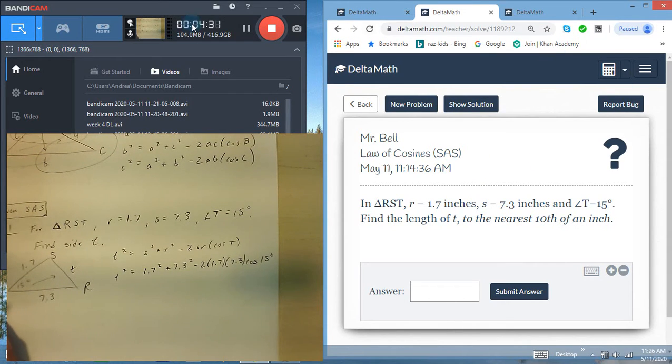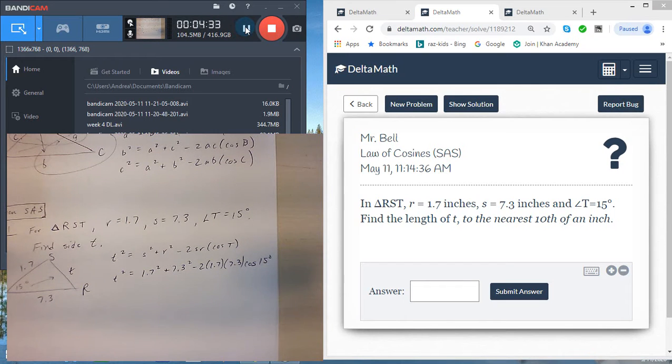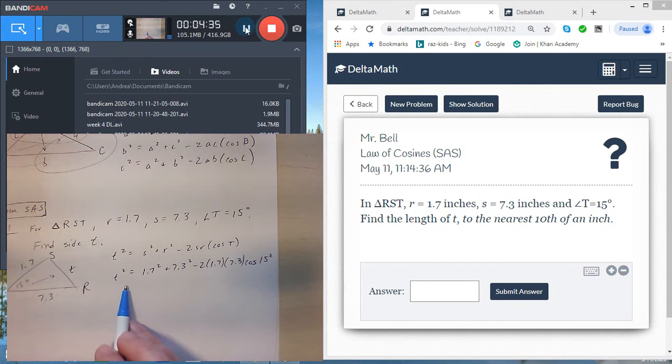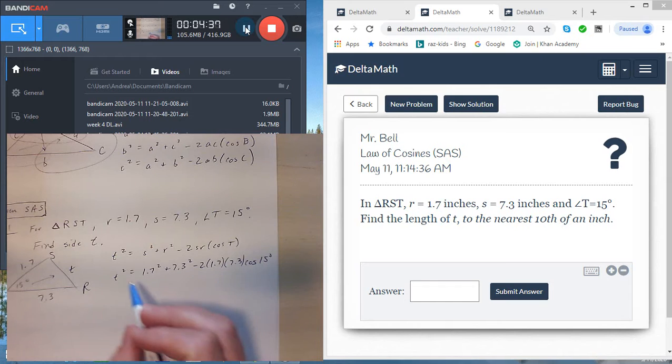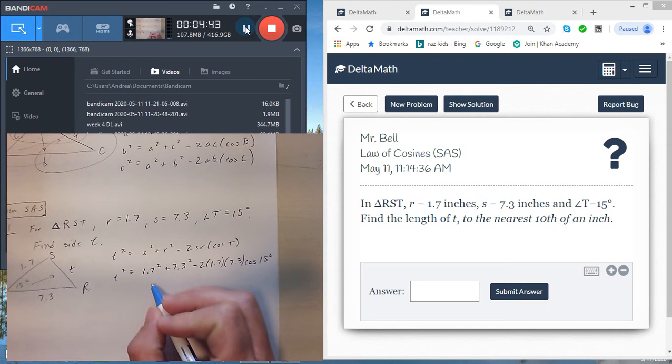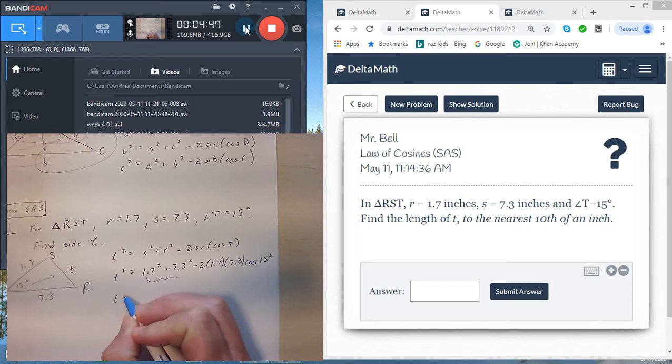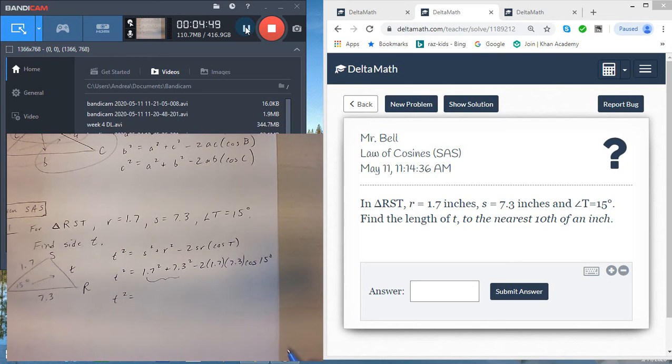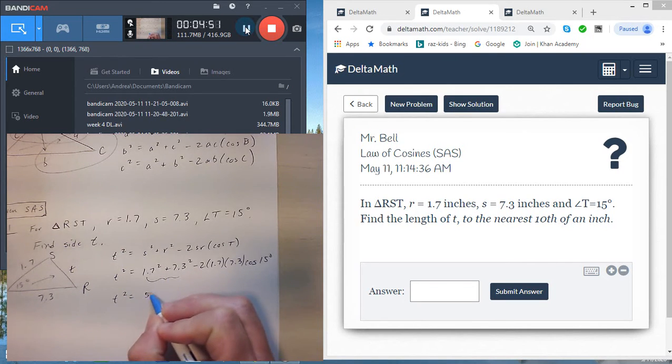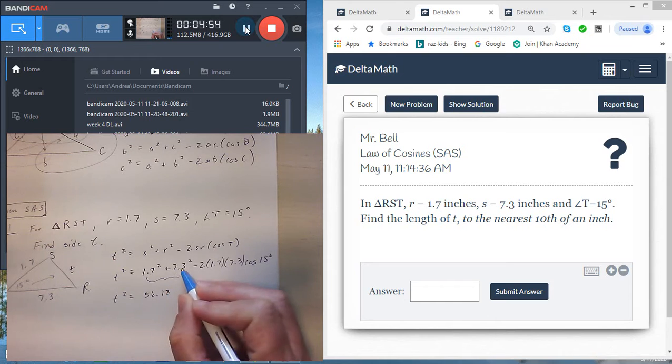As you can see, we just have one unknown. It's really ready for the calculator right now. You have to eventually take the square root to get t, but let's clean it up a little bit. That's a lot to punch in the calculator. So let's clean up these squares and add these together next. I already have these numbers ready. This gives me 56.18.